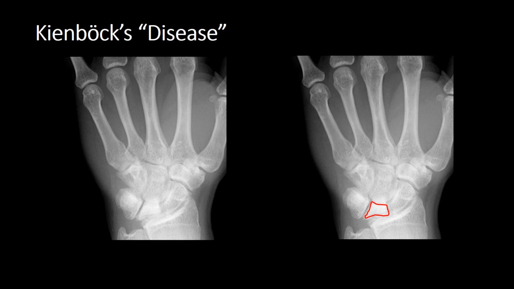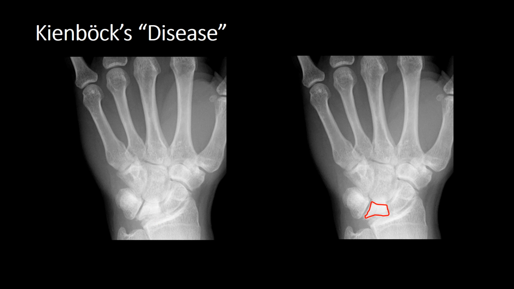The most common cause, though, is that a very high percentage of patients, about 70% of them, have a negative ulnar variance. Ulnar variance refers to the relationship of the ulna to the distal radial articular surface. So if your distal ulna is in alignment with the distal radius, you have a neutral ulnar variance.